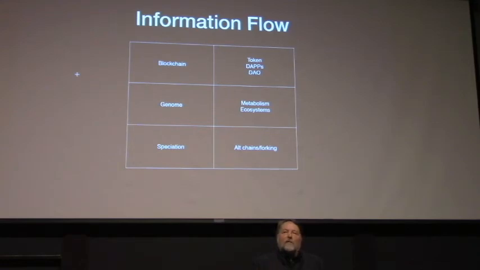And in blockchain, the parallel concept is called forking, where, for example, Bitcoin's blockchain started out as one type of blockchain, and last year it forked into a second one where there's now Bitcoin Cash and Bitcoin, and they're sort of different species of the same origin.